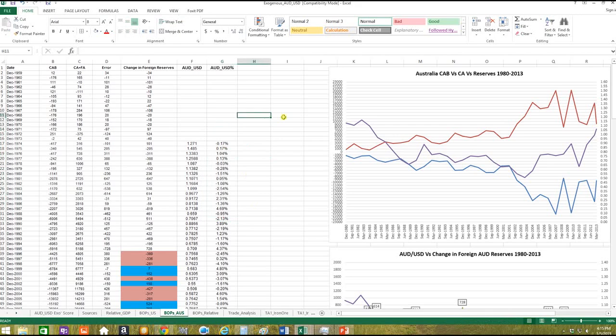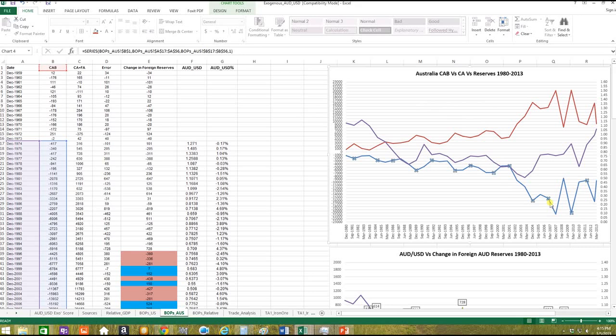And if we look at the chart on the right hand side, in the same way that we looked at the US data, we can see here that if we're clicking on the blue line, we are referencing the current account balance data. If we click on the red line, we are referencing the capital account data.